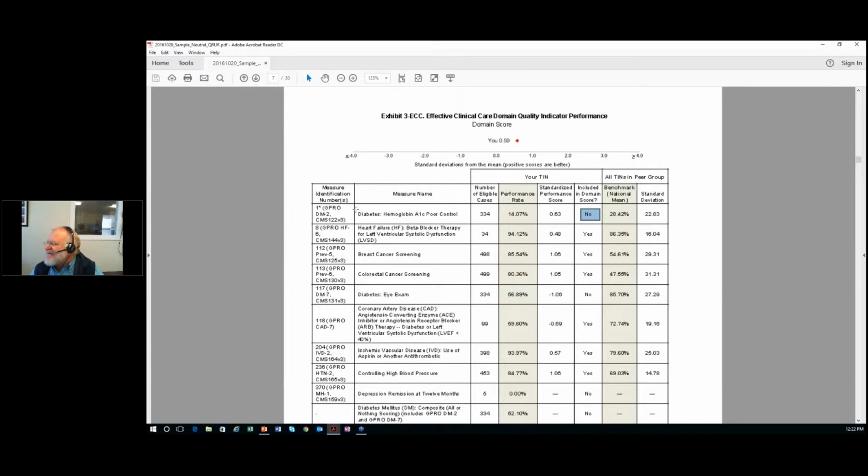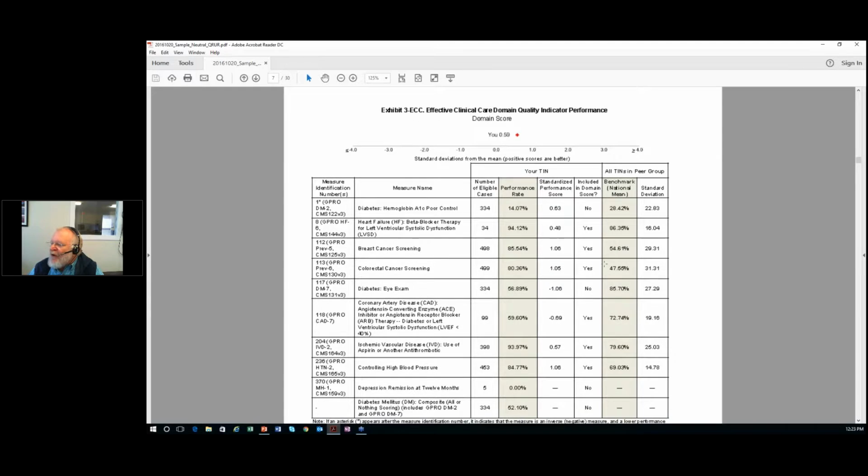And I believe the specifications for this measure changed for the 2015 reporting year. It also will not be reflected if this number is below 20, and obviously that's not the case. The diabetes eye exam, likewise not included in the domain score, and again I think it may be because of a minor change in the specifications, so the benchmarks that Medicare developed in the past are not relevant.